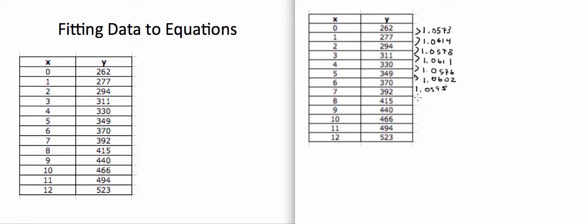All right. 1.0587, 1.0602, 1.0591, 1.0600, and 1.0587. Okay, so these are all the ratios, and how we find them is we take the second number divided by the first.